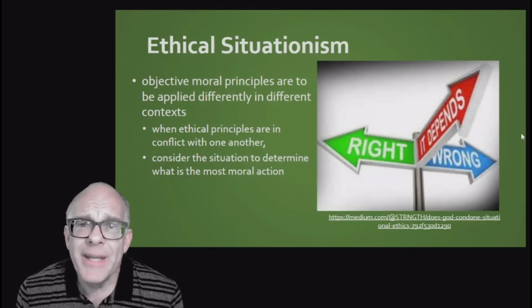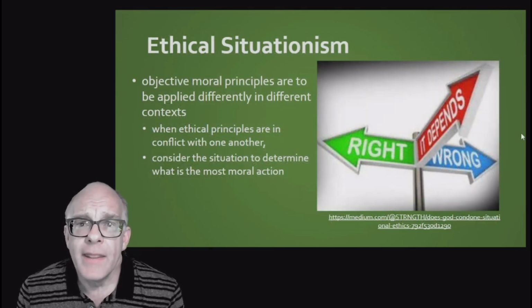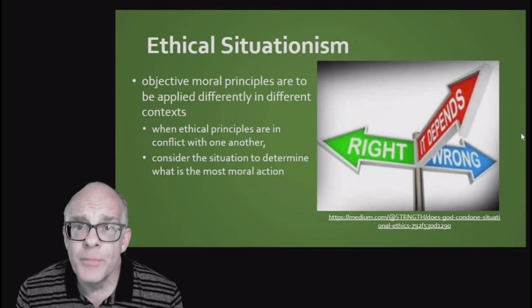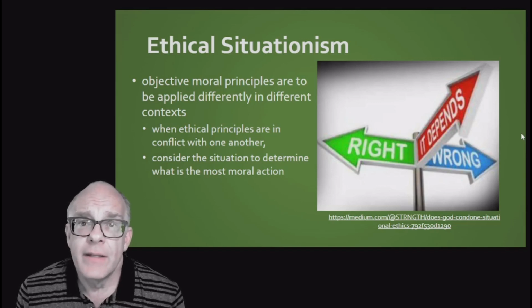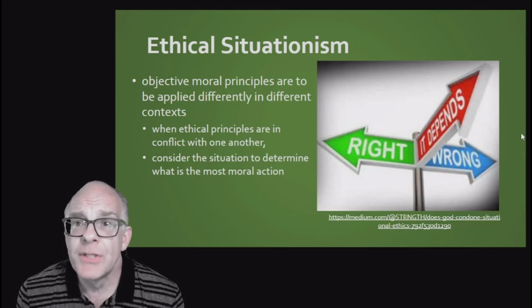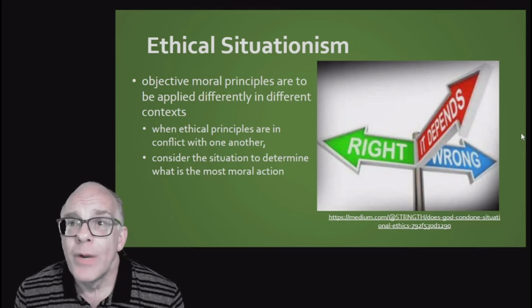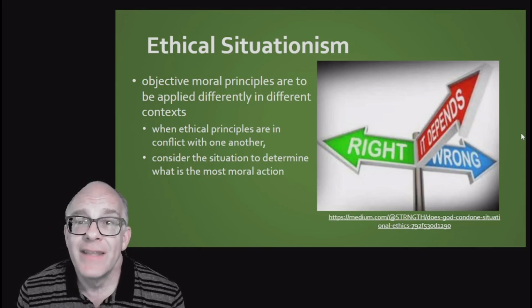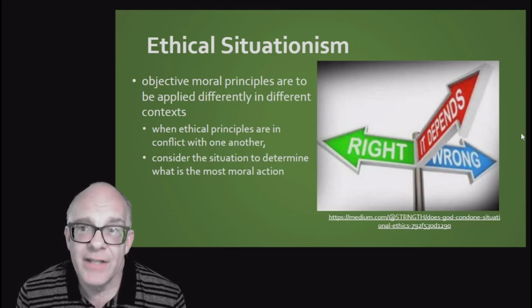Okay, so now we're coming into a conflict. Within this view of moral objectivism, we've got this idea that there are ethical principles that are going to be present, that apply to all people in all situations at all times. But now what we're ending up with is the fact that they could be applied differently in different contexts.